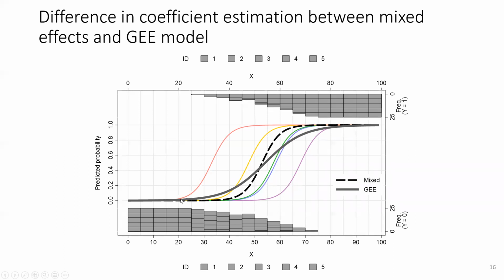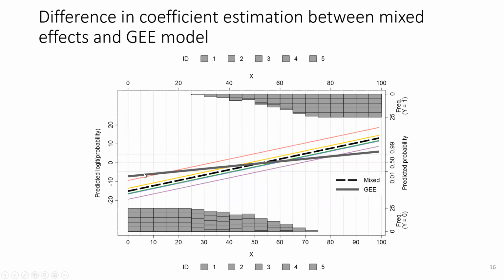a predicted or estimated mean. As you can see, this slope is less steep as compared to the one we saw when we used a mixed model. This is in the logit scale, and the slope from the GEE model is less steep than the slope we found in the mixed model. What do we estimate from this model?